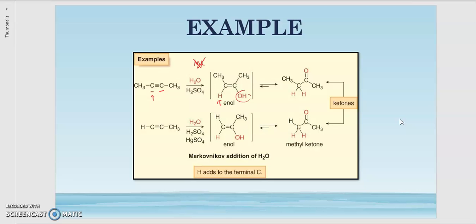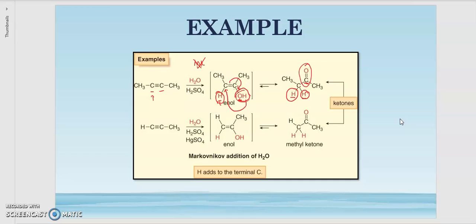Either location you will get the same product. Remember, the carbon that has the OH bonding, when it goes through the tautomerization process, will be converted from C-OH bonding to C=O bonding. The carbon that originally received the hydrogen will become CH2. This H is the one received from the OH structure, being transferred to this one, and the double bond will change to C=O.